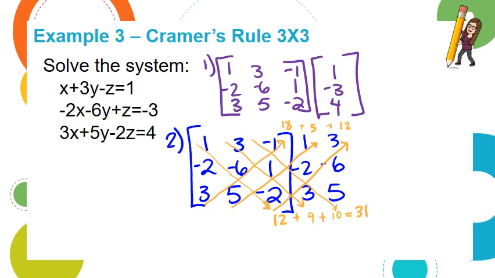If I add those together, we're going to end up with 35. So remember, to find that determinant, we've got 2 numbers. We only want 1 value for the determinant of the coefficient matrix. So we always take the first piece of work and subtract the second piece of work. So in this case, we end up with a -4 for my determinant of the coefficient matrix.